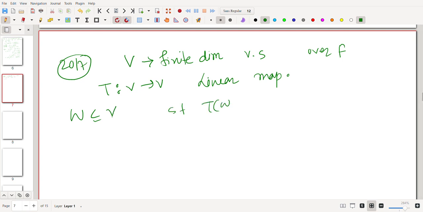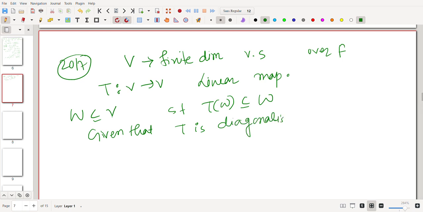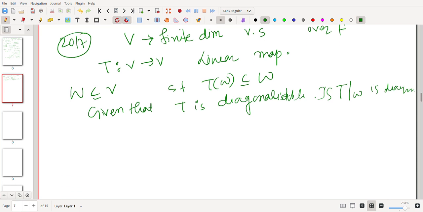W is a subspace of V such that TW is inside W, given that T is diagonalizable. Then the question is, T restricted to W is diagonalizable. Okay, so solution.